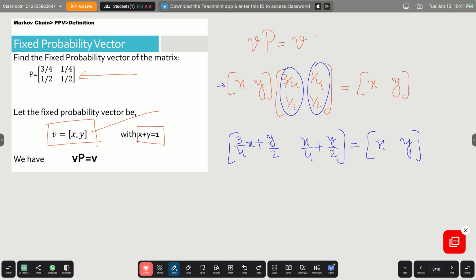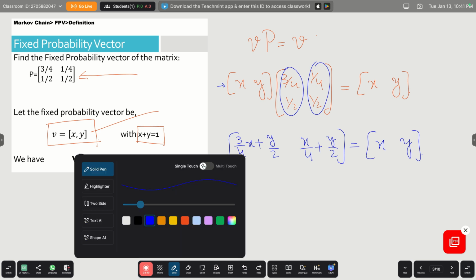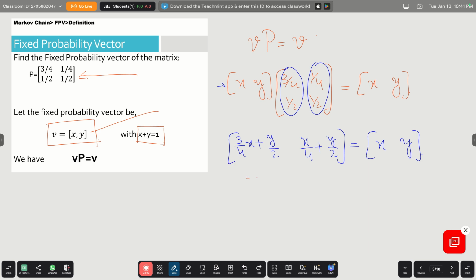Now the left hand side is equal to the right hand side only if they are equal component wise. The first component is 3 by 4 x plus y by 2 on the left hand side, and on the right hand side it is equal to x. The second component, x by 4 plus y by 2, is equal to y.